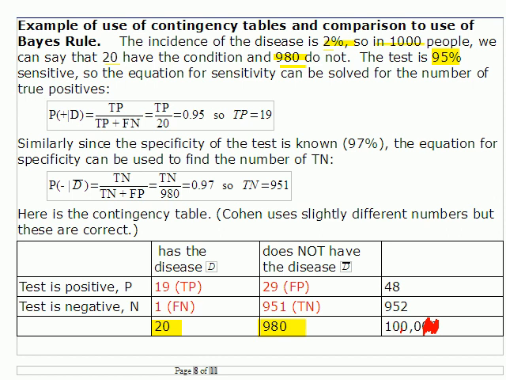Here's the equation for sensitivity. We know the 20 down here. We can solve for the true positives and find that there are 19 true positives. That means 1 false negative. We do the same for the people without schizophrenia by using the fact that the specificity of the test was 97%. That gives us 951 true negatives and 29 false positives.